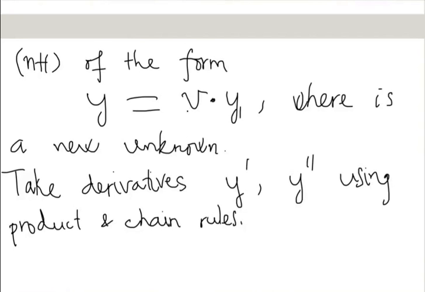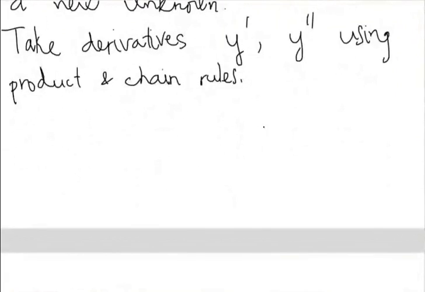Because y is the product of v times y1, the derivative y' will involve the product rule, and similarly for y''. Now let's look at an example to see what's going on.